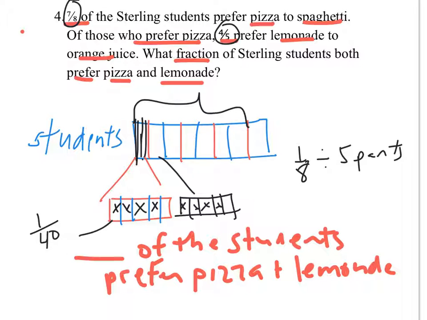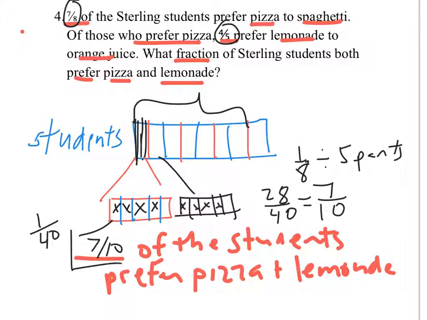So I'm going to end up with 28 40ths. But you say to yourself, well, I can reduce that. You see, there's a 4 in each of them, right? So I can get 7/10. So there's my answer, 7/10.